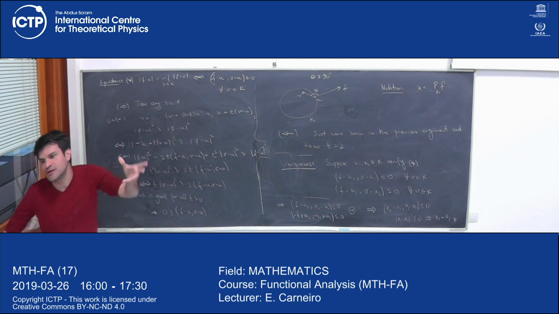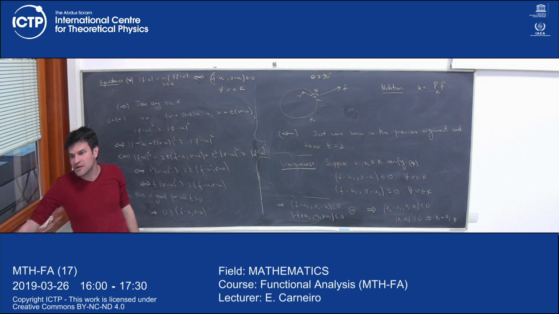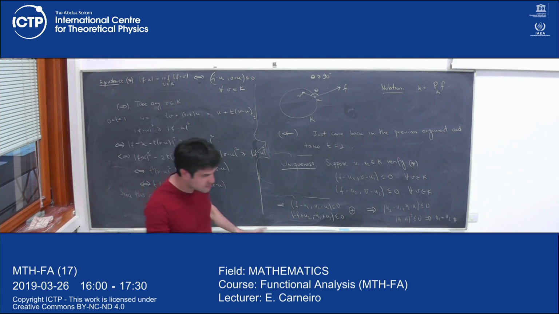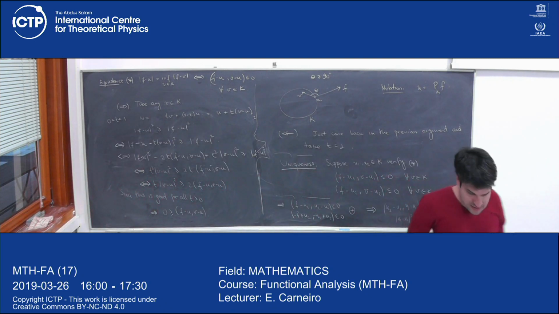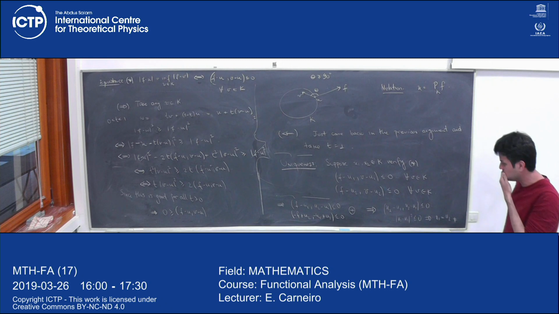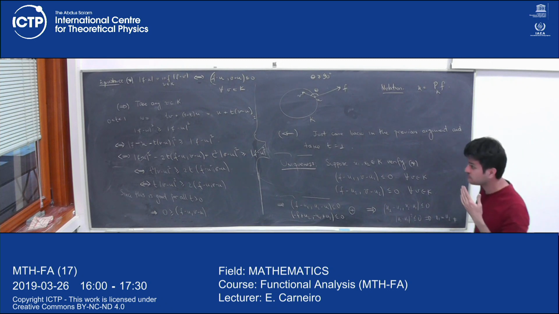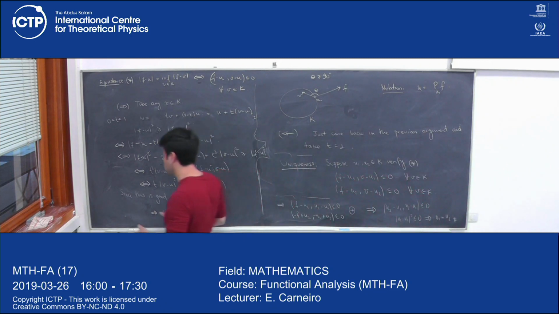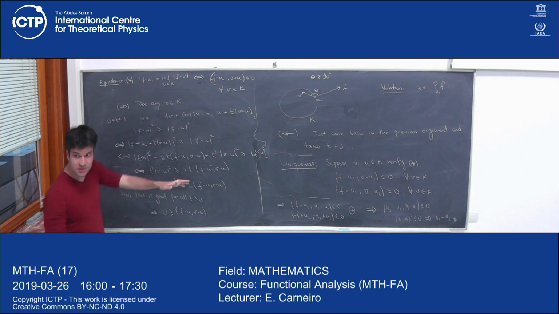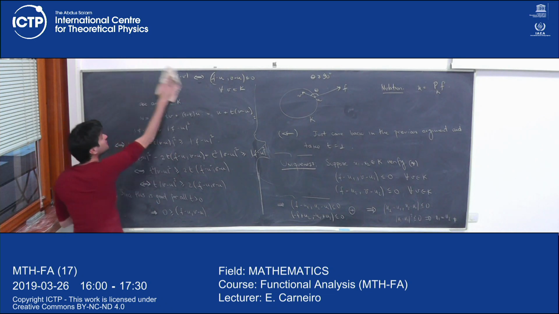So in some sense, we're kind of using it in disguise. So yes, we are using the Hilbert space structure. So be careful when you say that you're not using uniform convexity. You are using it in disguise. Good.